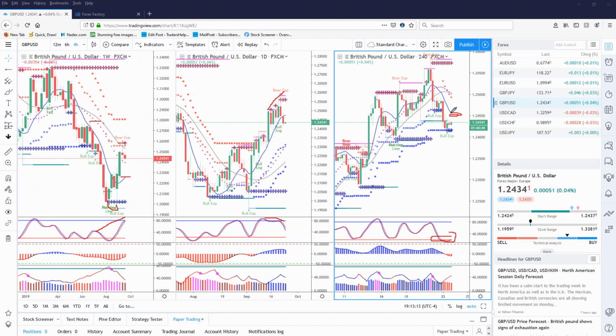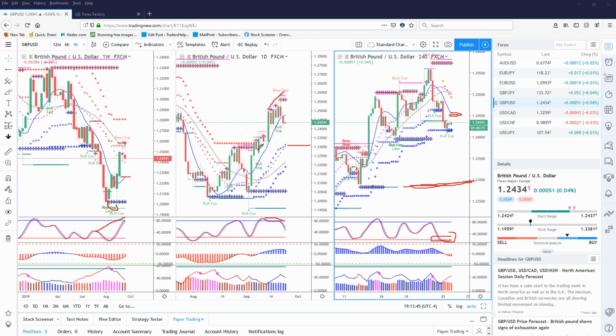If it acts as a resistance area, then we may go down and we may even test this area here. It's right below the 2300 area, okay, because that's where the ATR is over here. But I would want to see that resistance form before I even thought about taking a trade on the British pound dollar to the short side.